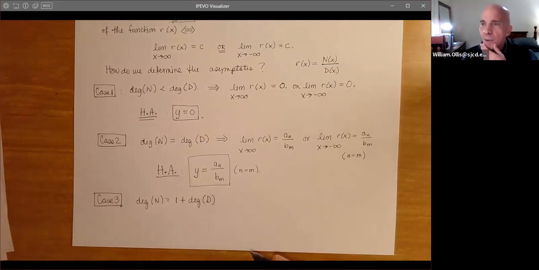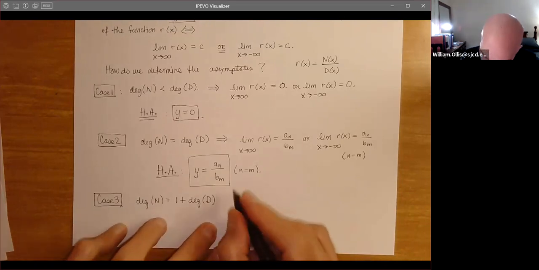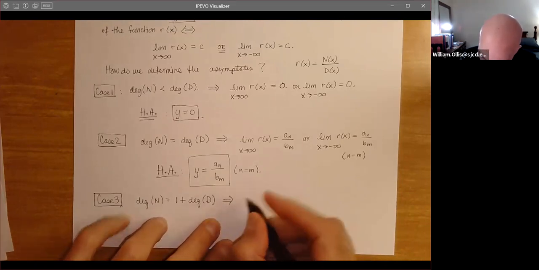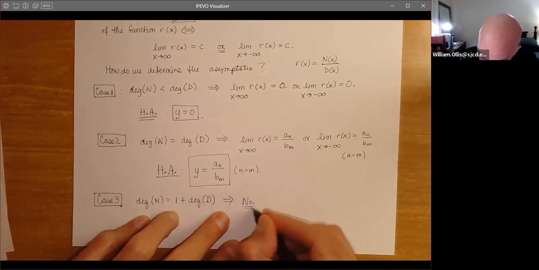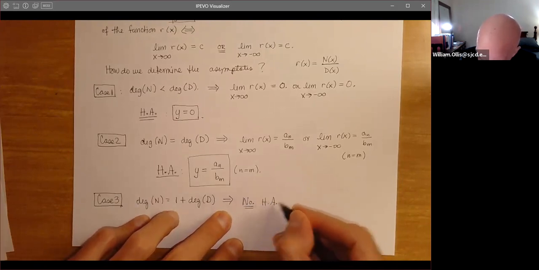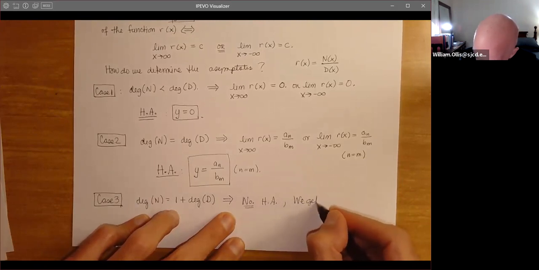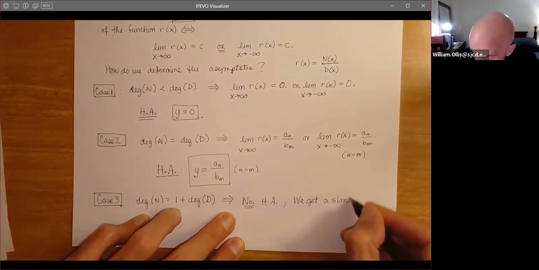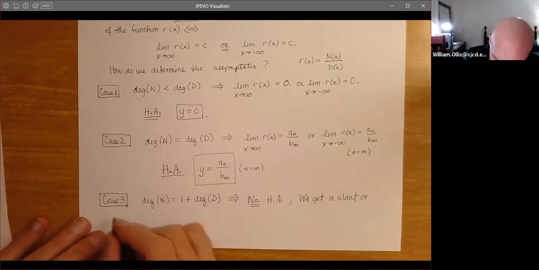Okay, we're thinking if we do some polynomial long division, if the degree upstairs is one more, then when we divide, we're going to get a linear part and then a rational part. And so in this particular case, in order to actually find the asymptote, we have to use polynomial long division. So I'll just say this implies no HA, no HA. We get a slant, or sometimes called oblique asymptote.